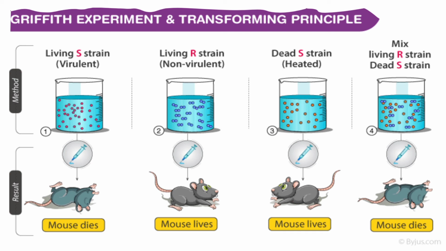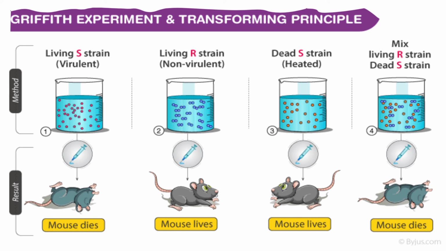Now he gives the R strain along with this heated S strain, and he sees what happens to the mouse. Now the mouse is dying, because the transformation principle has happened here. R strain is non-virulent, but when combined with the heated S strain, some transformation has happened there.